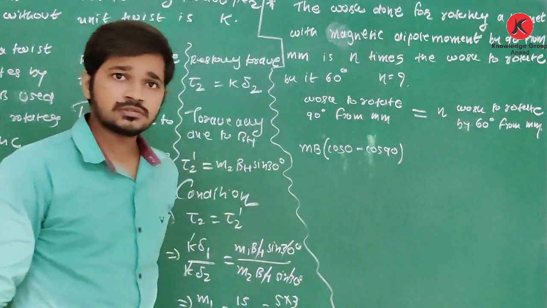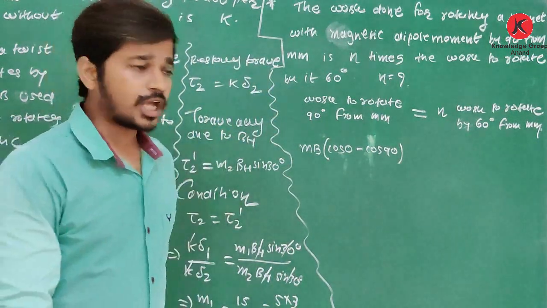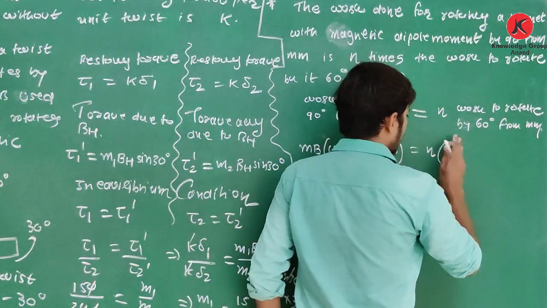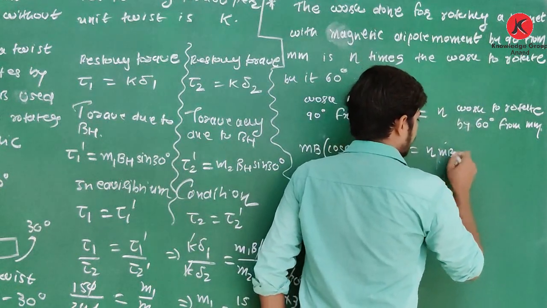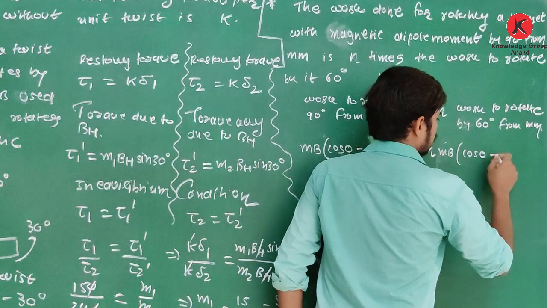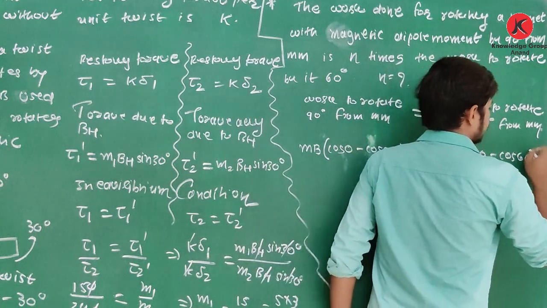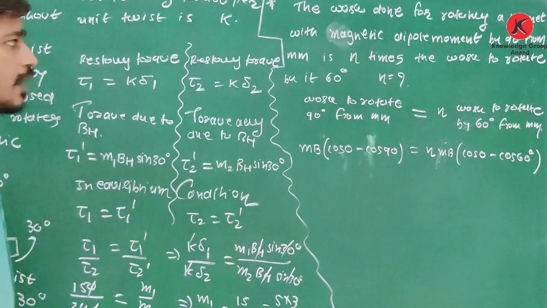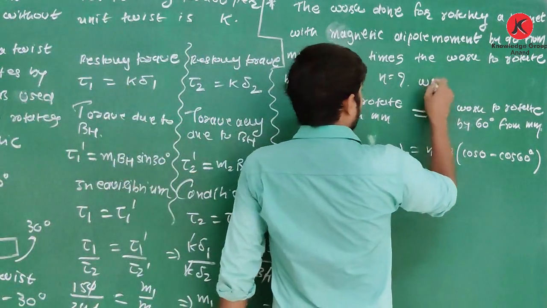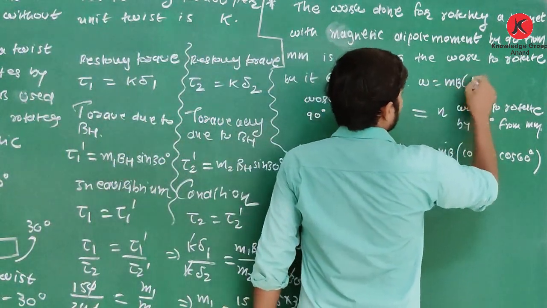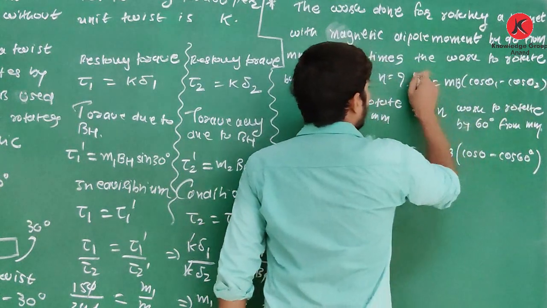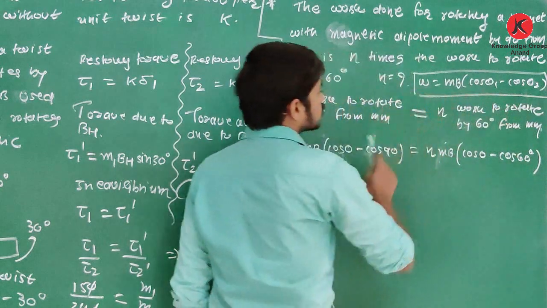So MB (cos 0 minus cos 90) is equal to n times MB (cos 0 minus cos 60). You have to remember the equation of work, that is W is equal to MB (cos theta 1 minus cos theta 2).